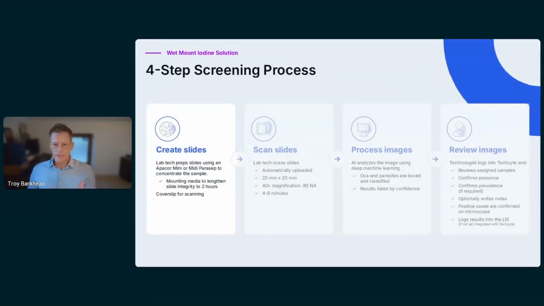So I'm sure you noticed in that short little clip that the process for slide preparation using our system is standard in the sense that all of the vortexing and the isolation of the sample follows industry best practices. Once the slides have been prepared, they are then scanned using one of Techcyte's approved scanners.